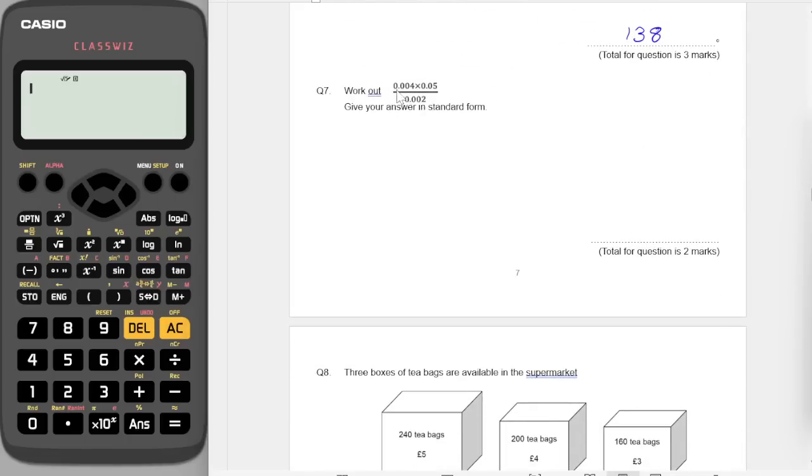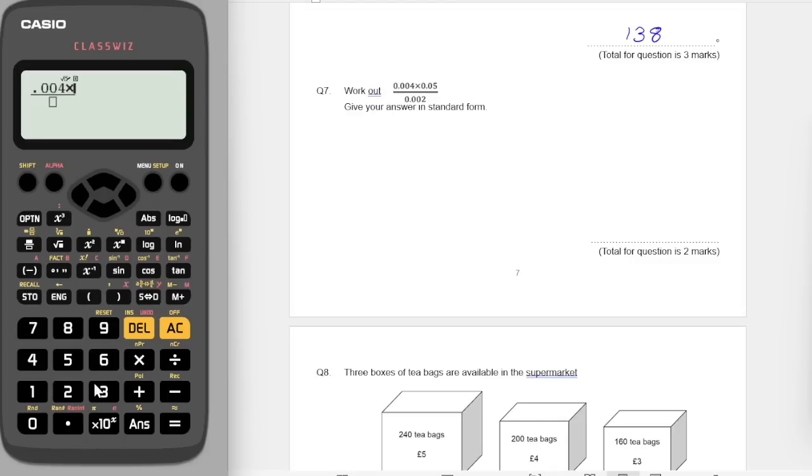Question 7, work out 0.004 times 0.05 divided by 0.002, giving your answer in standard form. So I'm just going to rely on my calculator. I could convert all of these to standard form, but this is a calculator paper, so I'll let my calculator do most of the work.